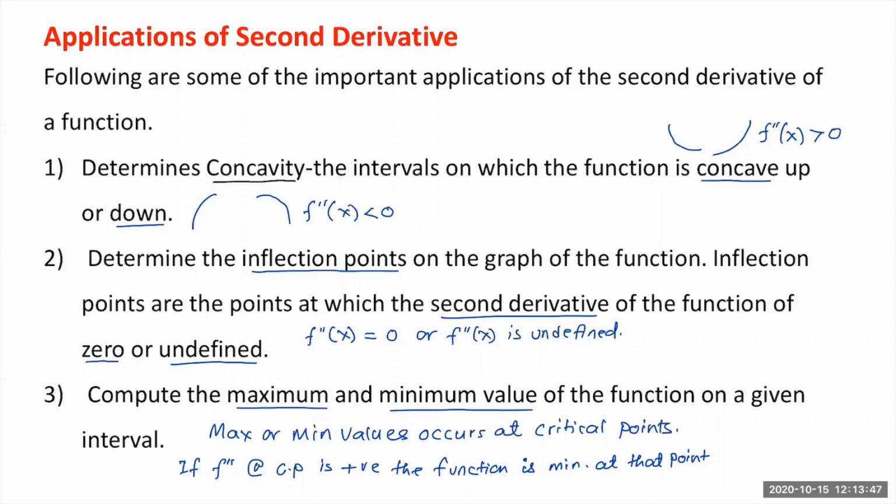Similarly, if the second derivative at the critical point is negative, or less than 0, the function is maximum at that point. So very clearly, we are using the second derivative to determine the maximum or minimum value of the function. These are the three important applications of the second derivative that we are going to explore in this lecture.